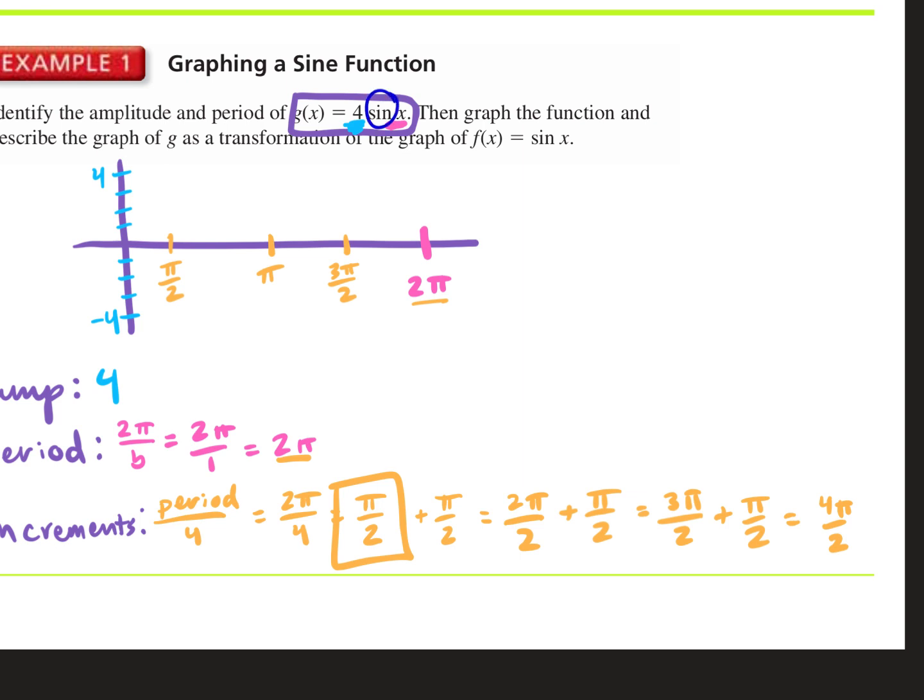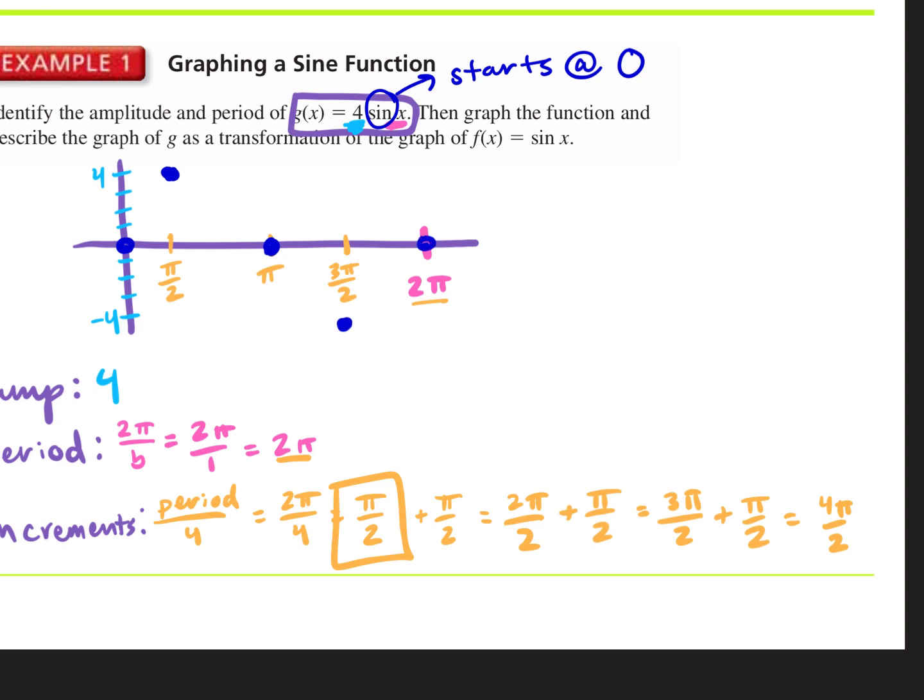So sine graph, does it start at the amplitude or does it start at 0? Starts at 0. So it's going to start at 0 here. It goes up to the amplitude, then back to 0, back to the negative amplitude, and then back to 0.